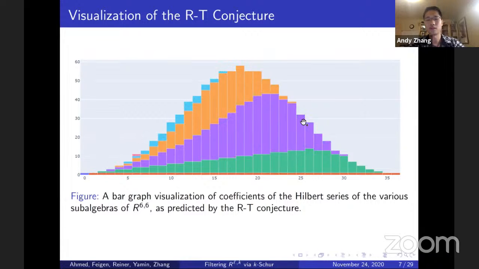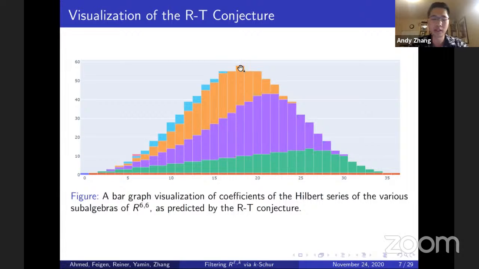Another way to interpret this bell curve shape is to read the height as the number of ways to make partitions of size d inside the ambient rectangle. For example, in degree 18, I think this height is 58.